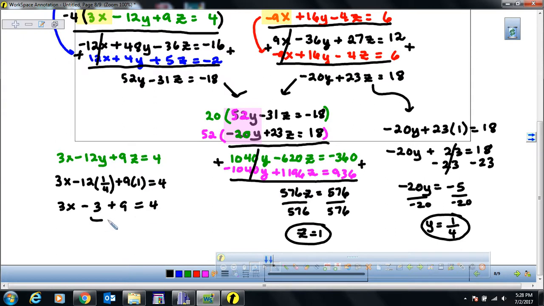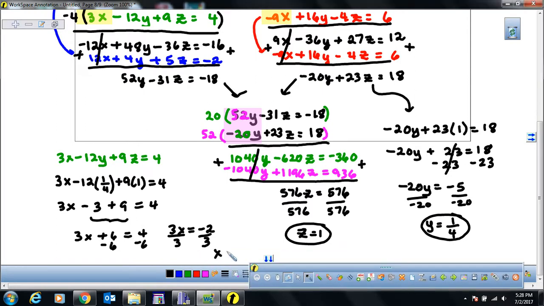If I combine like terms, negative 3 plus 9 is 6. So it's 3x plus 6 equals 4. We subtract the 6 from both sides, which gives us 3x equals negative 2. Then we divide by 3, so the solution for x is x equals negative 2/3. That's the value of x for the solution.